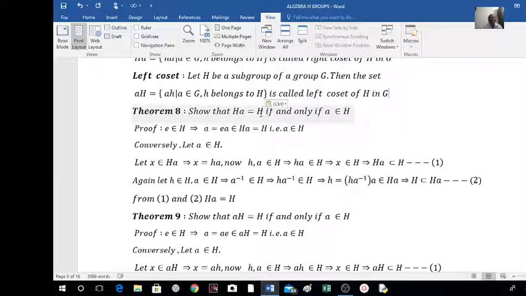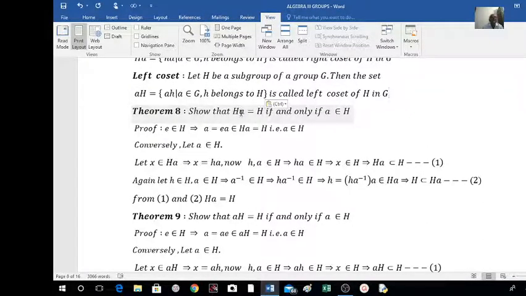Another criterion is that if one is a subset of the other, for example HA is a subset of H, and if these two have the same number of elements, then also we can say that HA equals H. But usually what we do here is show that HA is a subset of H and H is a subset of HA.